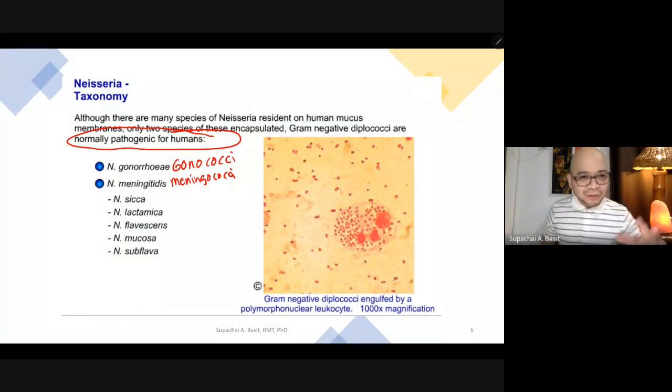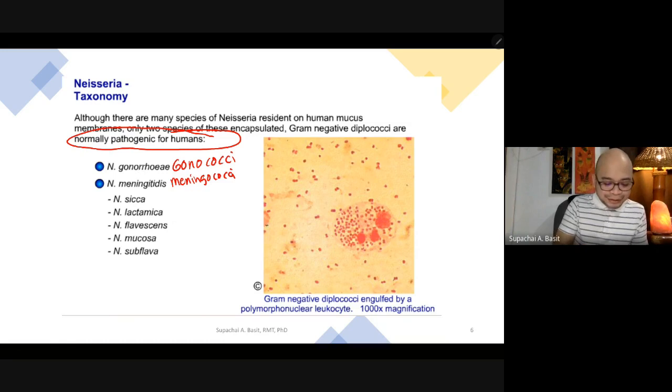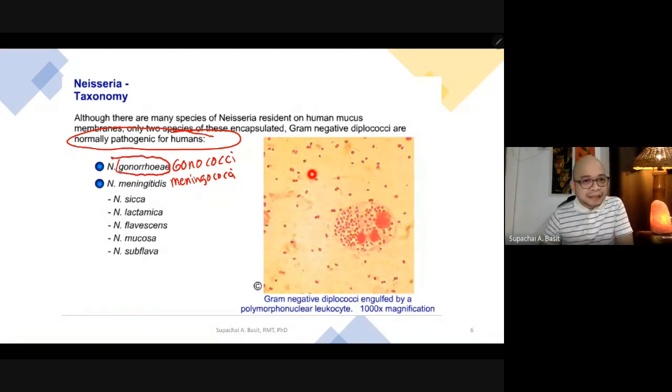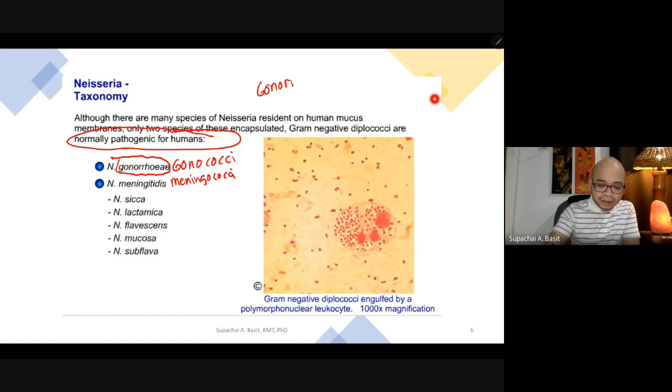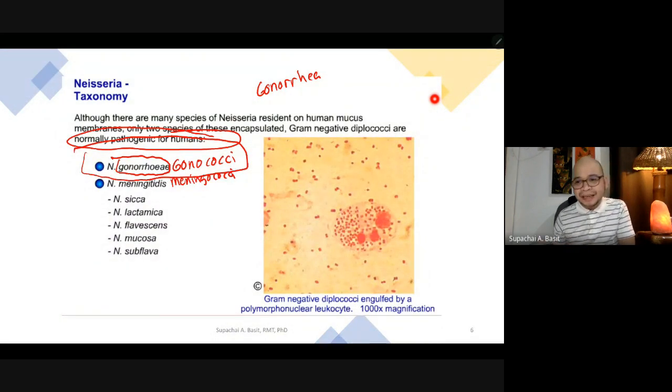Take note that this is how we spell gonorrhoeae when pertaining to the species. But the disease is spelled gonorrhea. Whenever we write the scientific name, it is Neisseria gonorrhoeae.